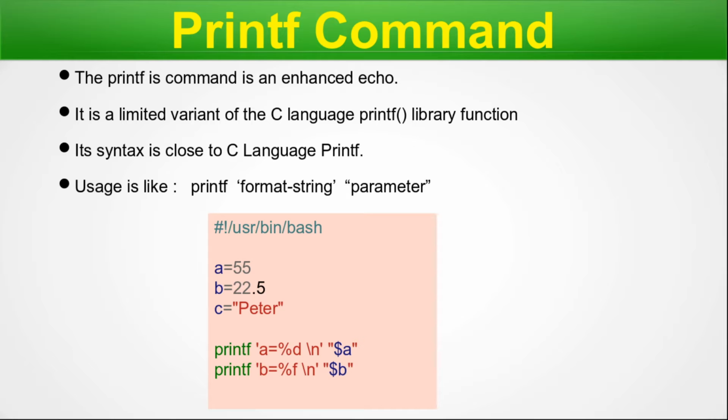So you can see that basically what we are doing is using the same kind of representation of the formatted string that we used to do in C, and similarly in bash. So let's see the string here. c equal to %f s, then \n, then in double quotation, that is $c.